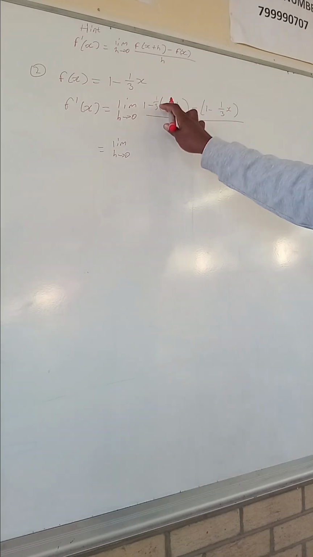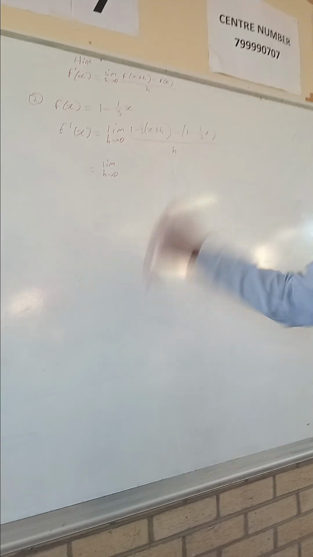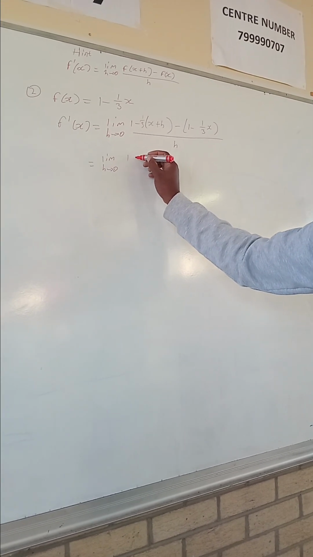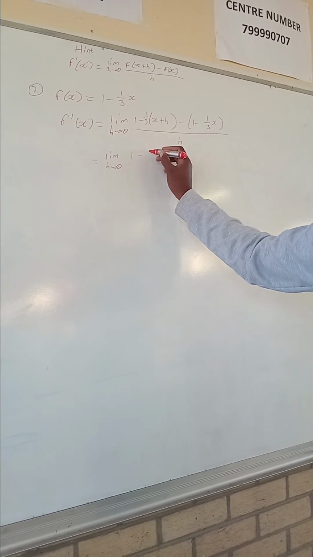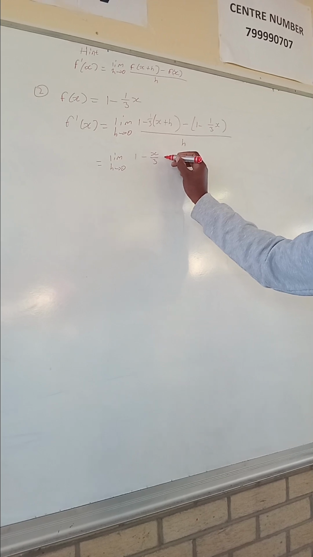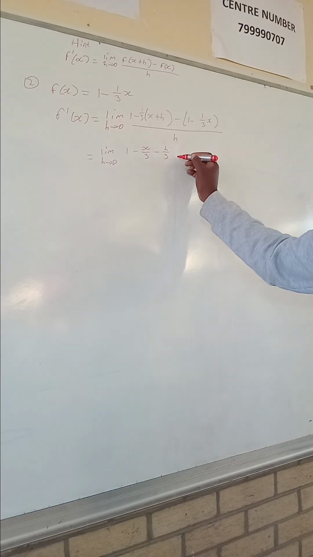If we open the bracket on this side, we're going to have 1 minus x divided by 3 minus h divided by 3.